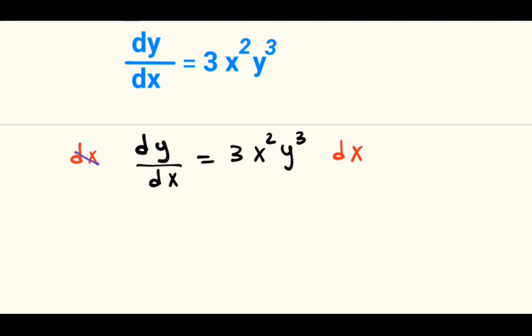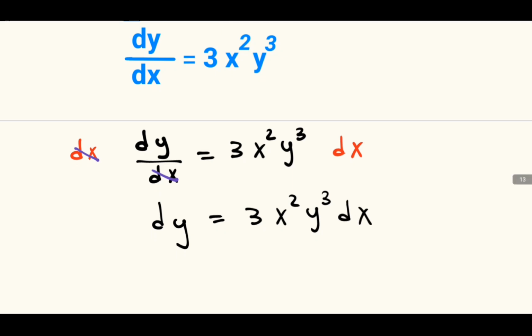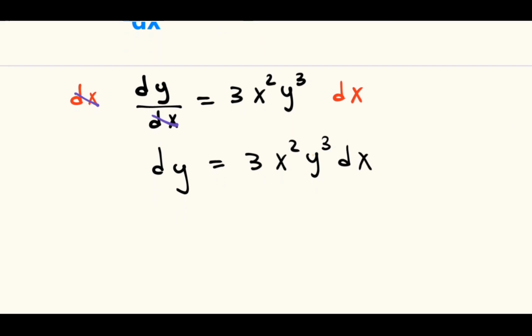because we know that dx and that dx will cancel out each other, and dy will be equals to 3x squared y cubed dx. We have to group this y to the power 3 with that dy on the left hand side. So dy is equals to 3x squared y to the power 3 dx.